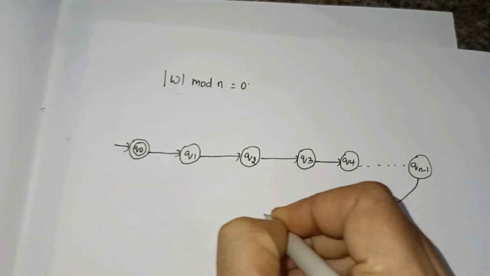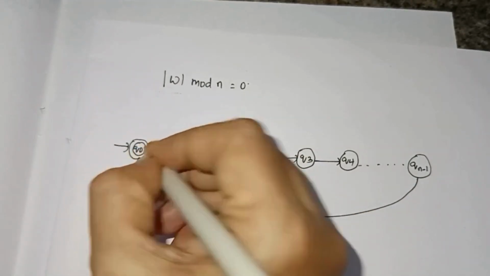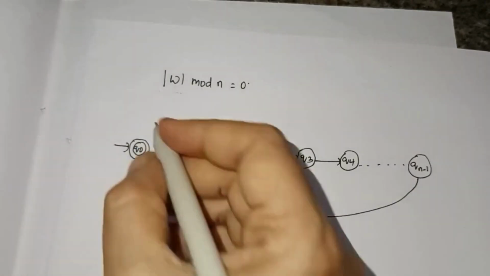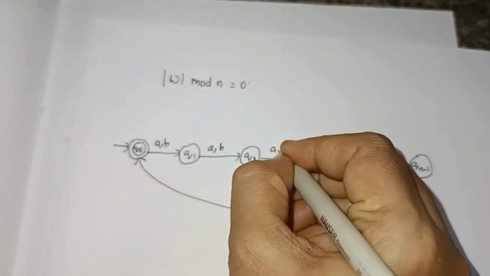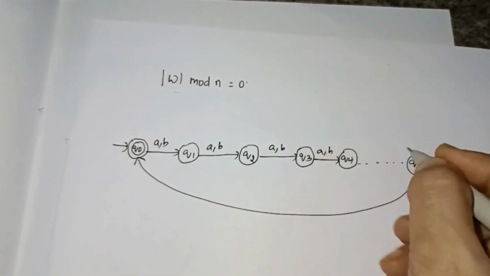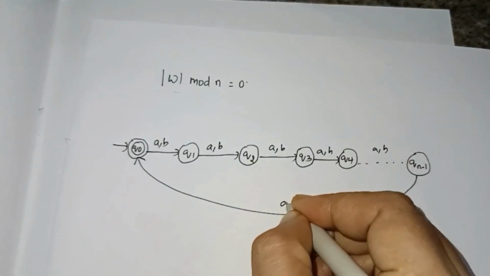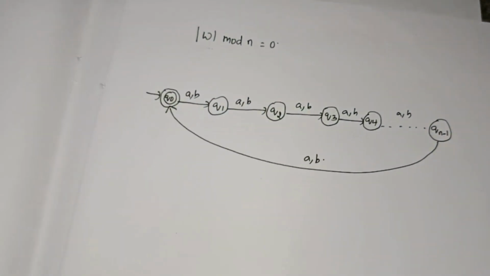And the nth transition is going to the final state. So this will be the same: A comma B, A comma B, A comma B, A comma B, A comma B, and finally A comma B. Okay, so for the length of the string which is a multiple of n or divisible by n, if the question is asked in that way, no need to get confused.